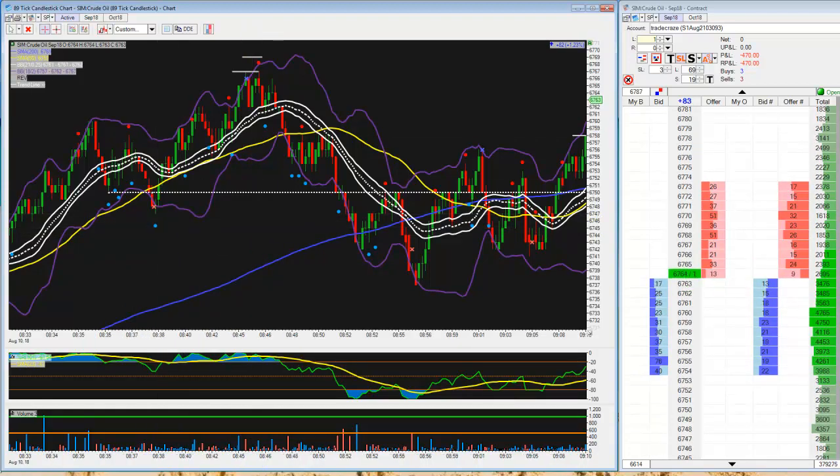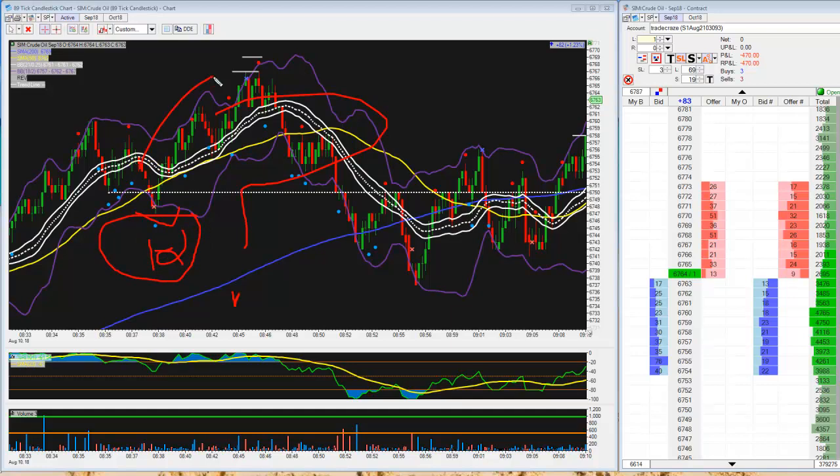So right here, this is the biggest question mark that I've got. It goes down 1 or 2 ticks in my favor. Where do I get out? Do I get out right around here, or do I stick with it? Because if I get out with 1 or 2 ticks, then I'm getting back in around here again.